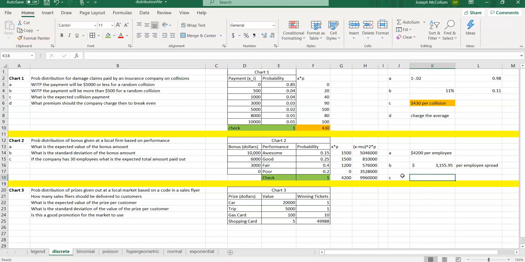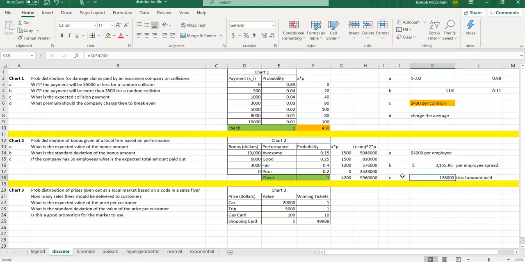I'm pausing because I want to give you a chance, or you can pause the video to see if you can come up with the answer. Welcome back. The answer would be 30 times the per person number. So this would be the total amount paid for the bonus.